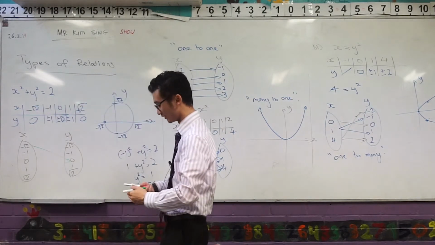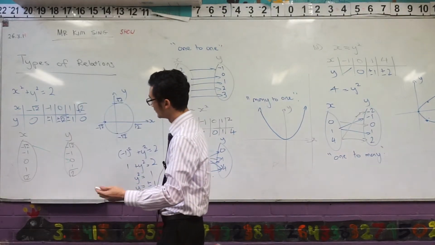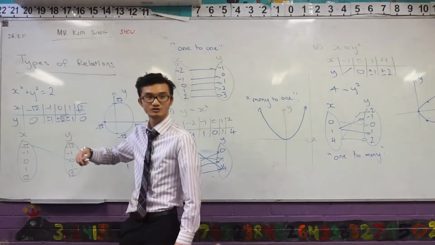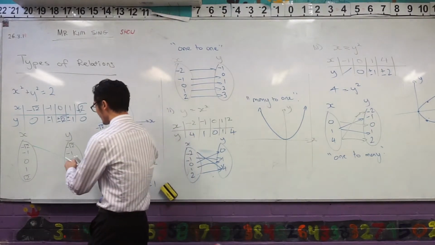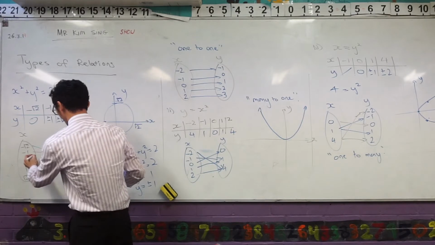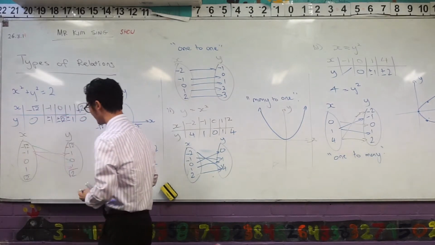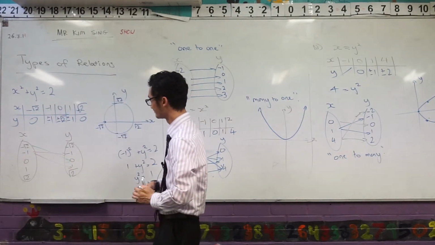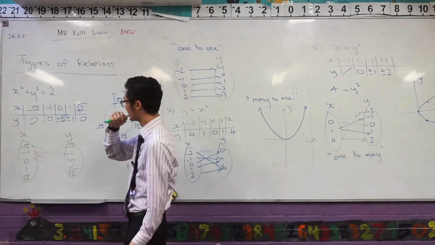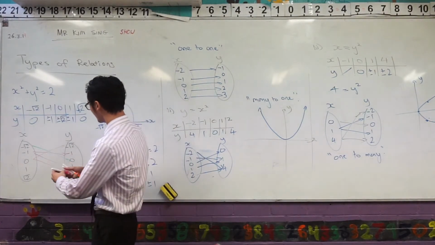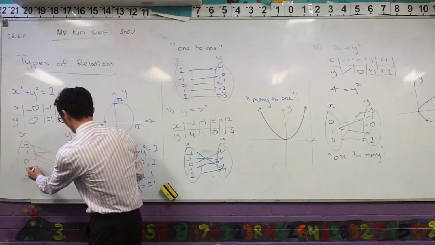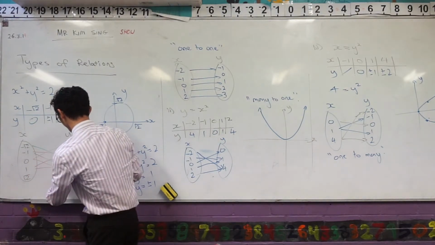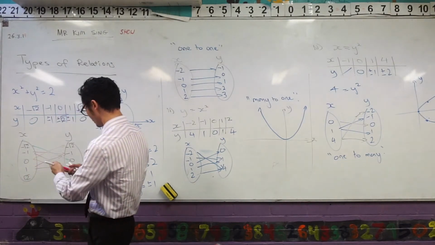What happens with -1 though? It goes to two values, -1 and +1. And 1 goes to -1 and +1. And √2 goes to just 0.